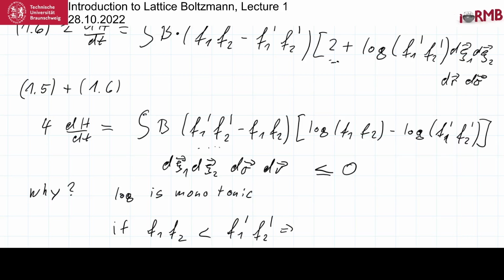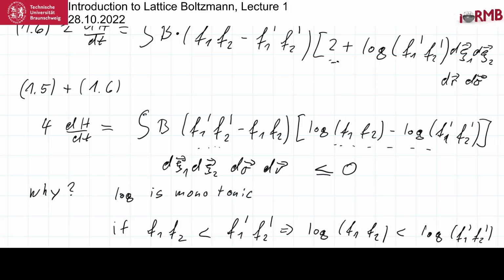But in the same way, the logarithm would then also behave the same way, right? And here on the other side we have the logarithms, but the other way around.